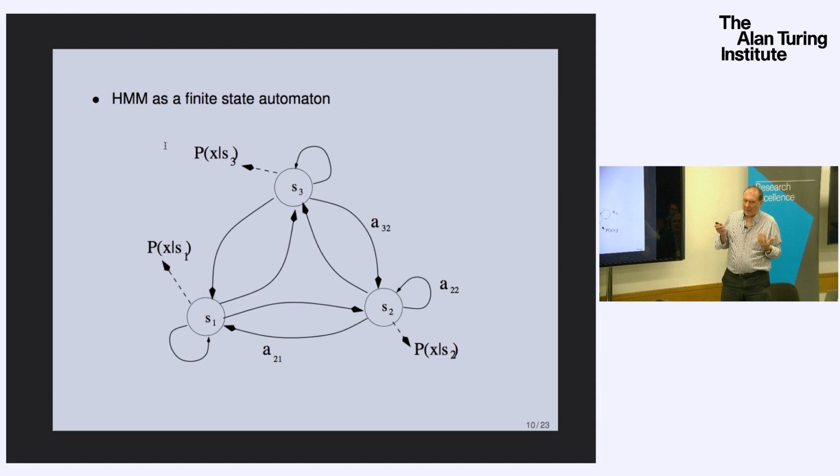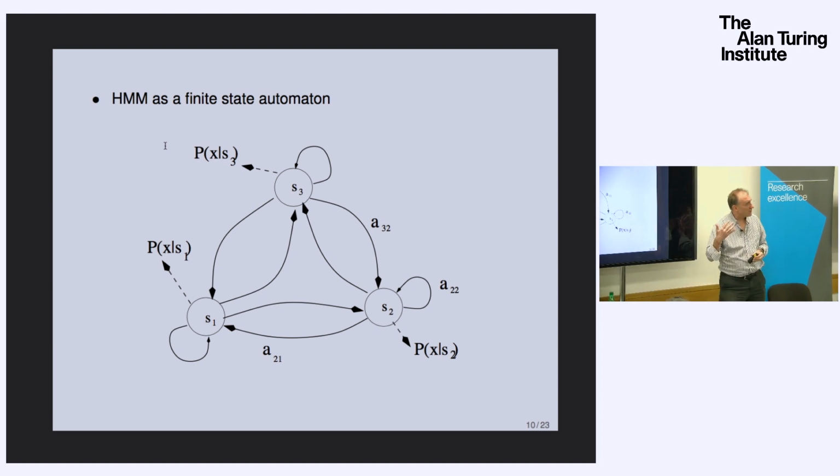If you have a computer science background, you might like to think about finite state automata. The representations I've been showing you up to now with the circles and arrows are probabilistic graphical models. But now we can say there are a number of different states; we said there are k states in the hidden Markov model. If we think about this one having 3 states in this example, then we can have these transition probabilities.